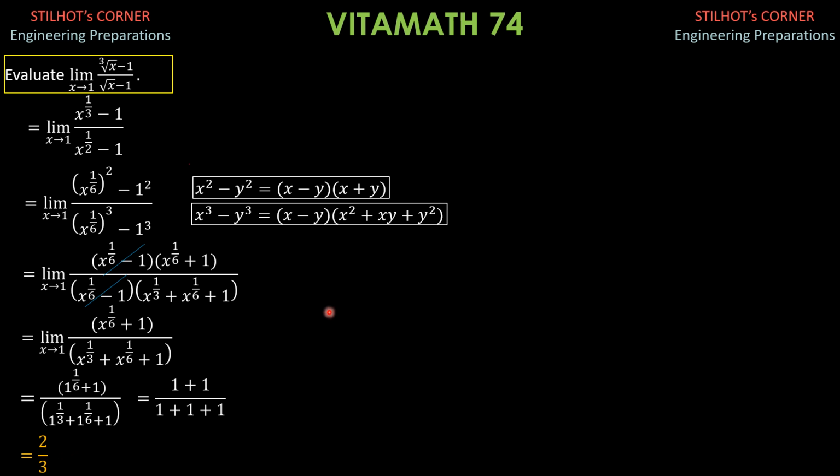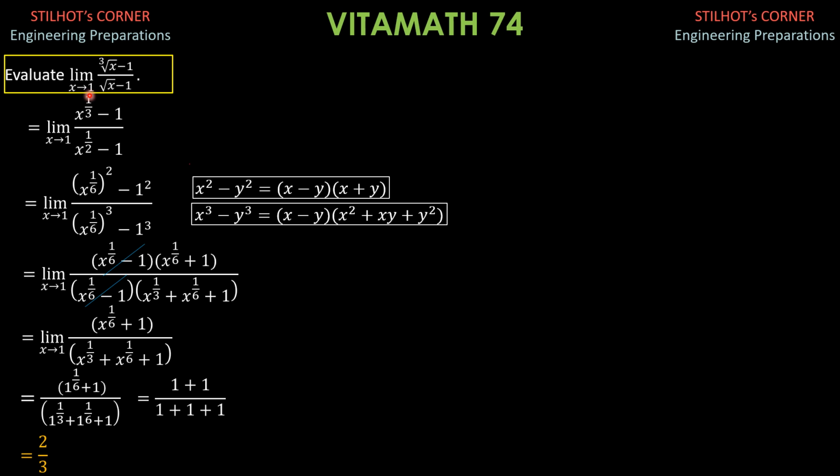The third one is for your board exam. For board exam purposes, use your calculator. All you have to do is substitute two values of x. One is to the left of 1, which is 0.99999.